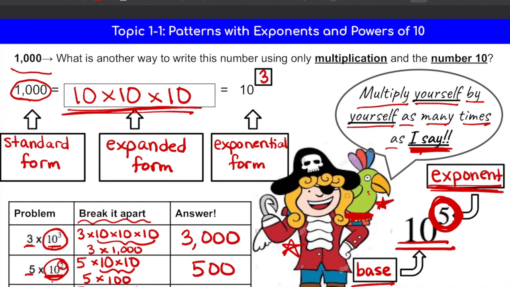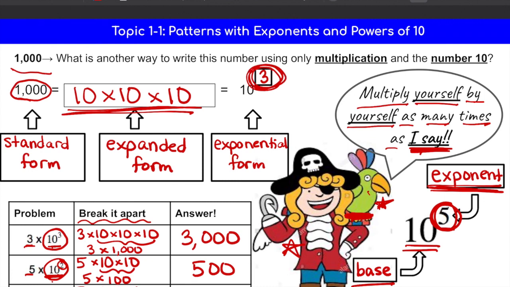So let's real quick just go over this. Exponents are those little numbers, like that parrot sitting on the shoulder of the pirate. The base is at the bottom. The job of the exponent is to tell the base, multiply yourself by yourself as many times as this exponent says. So we have standard form, we have expanded form, stretched out, and then we have exponential form with the exponent.